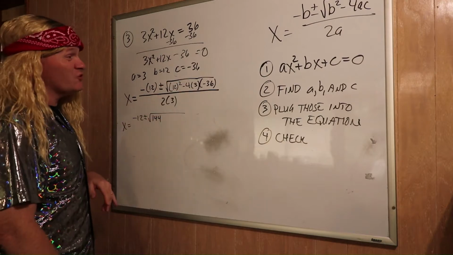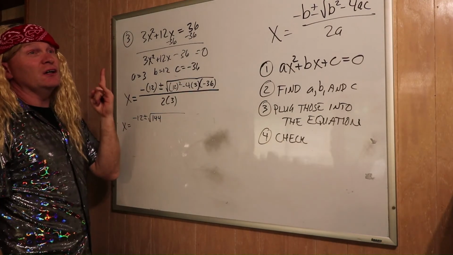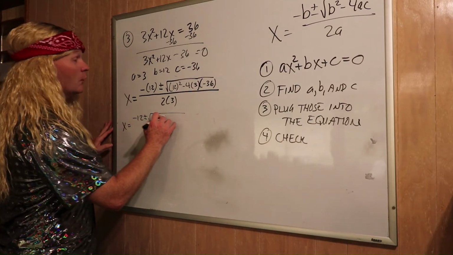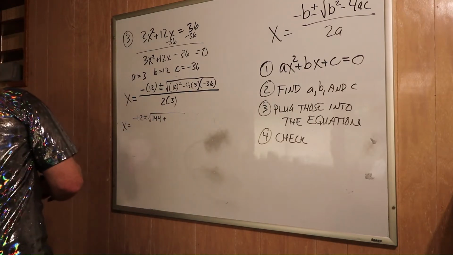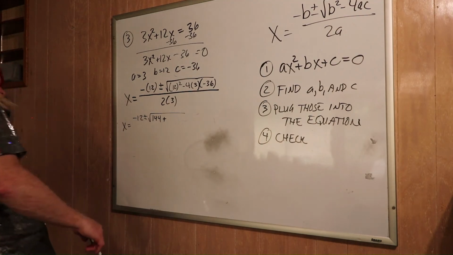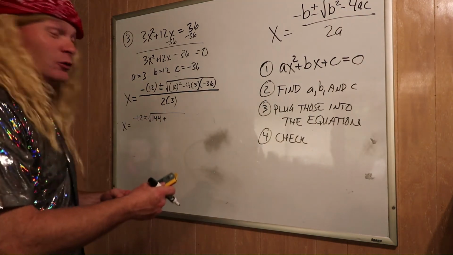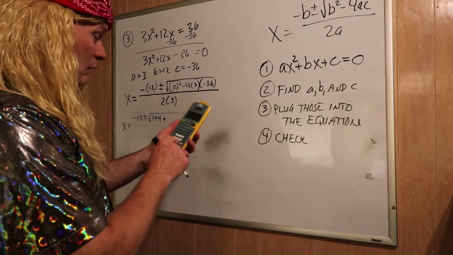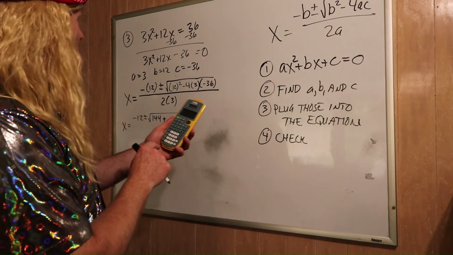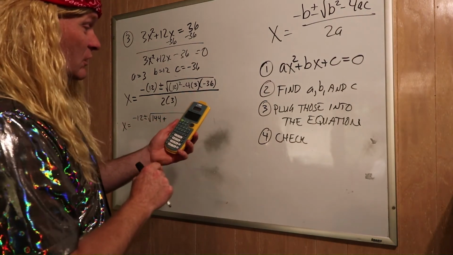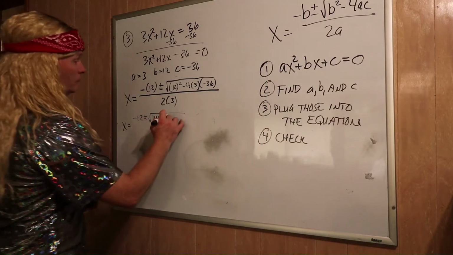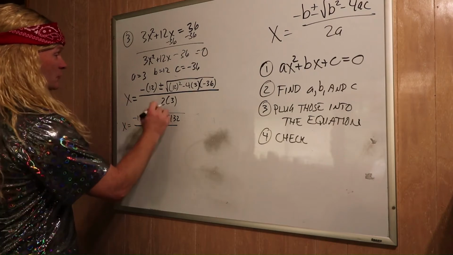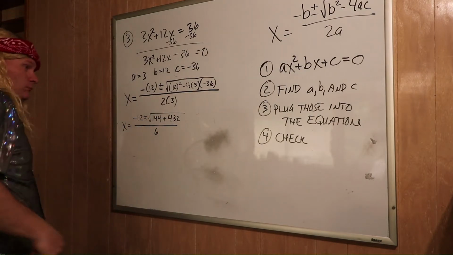Negative 12 times negative 36 is... no, that ain't right. Hang on. I'm going to have to use my calculator on this one. Too much rocking and rolling in my younger days. Let's see. Negative 4 times 3 times negative 36 is 432. I wasn't too far off. And then 2 times 3 is 6.